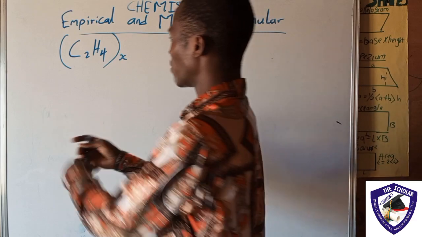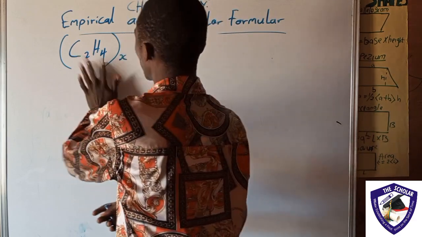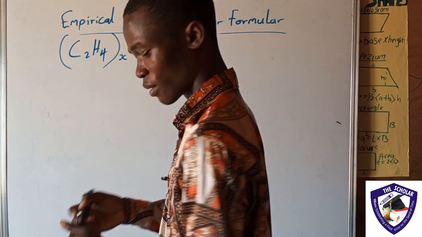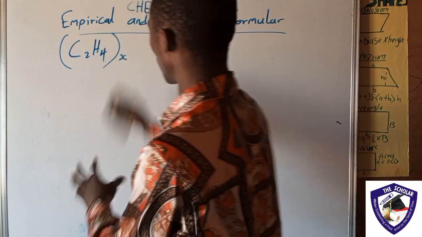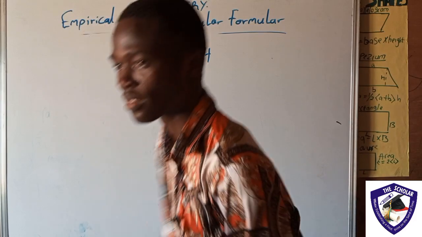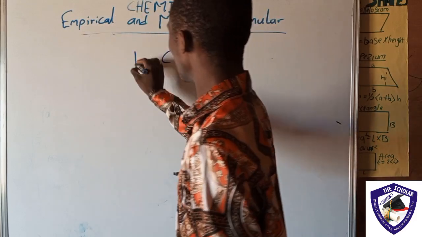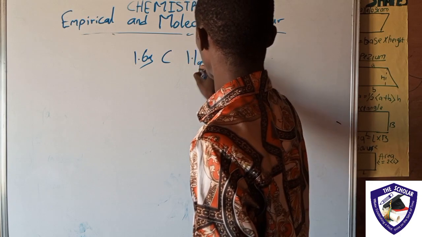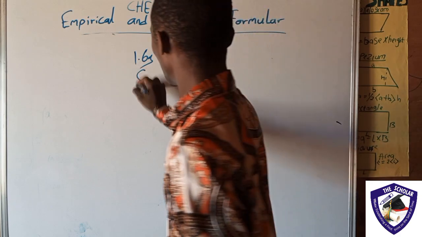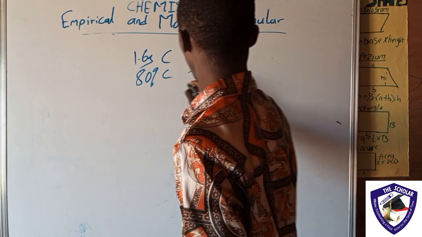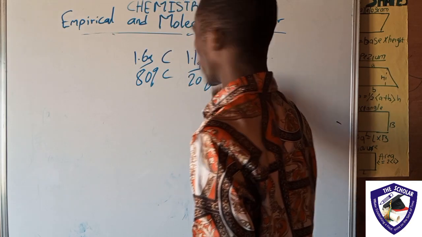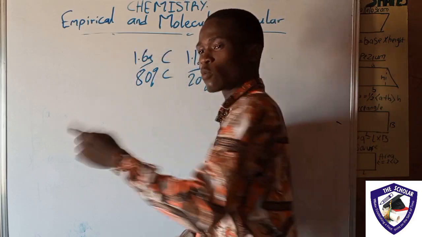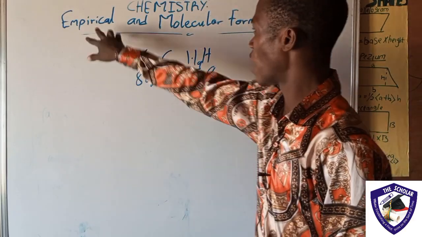If you are given a question to calculate the empirical formula of carbon and hydrogen, we have to be given either the mass of carbon and mass of hydrogen, or the percent of carbon and percent of hydrogen. It is with this percent or the mass that we are going to calculate the empirical formula.